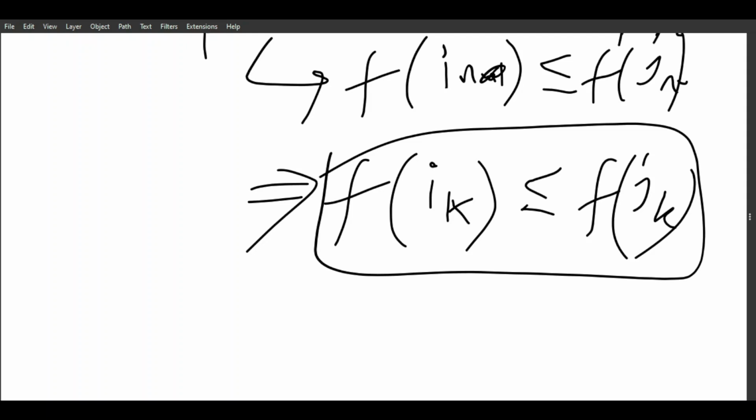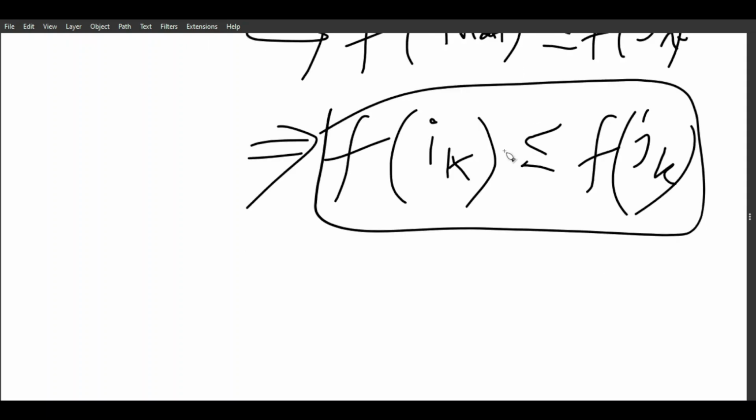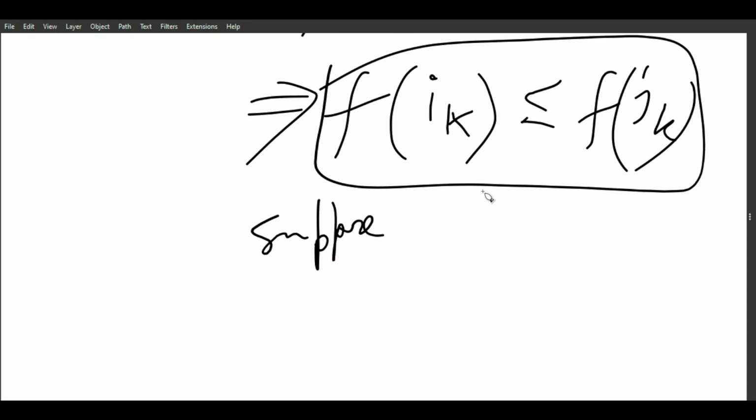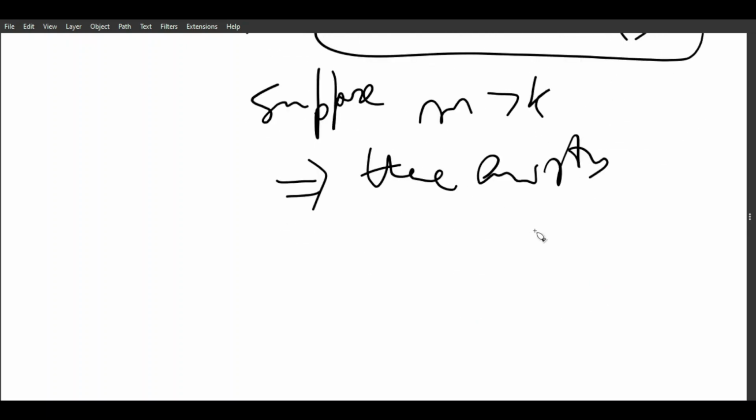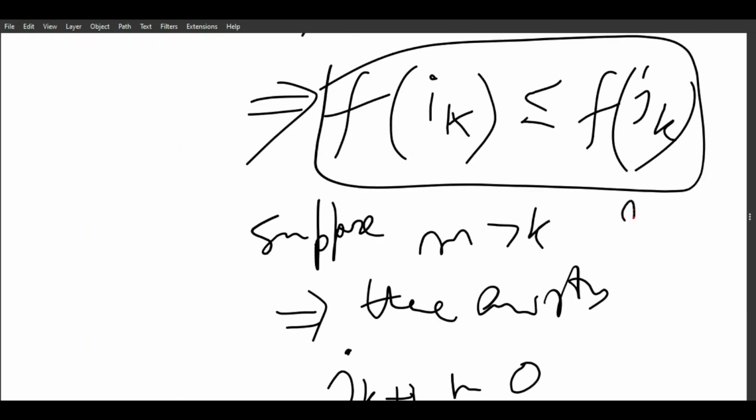So we have this, and m is greater than k. So suppose that we have m greater than k. So this implies there exists a request jk plus 1 in O. So here our objective is to prove that m is equal to k.